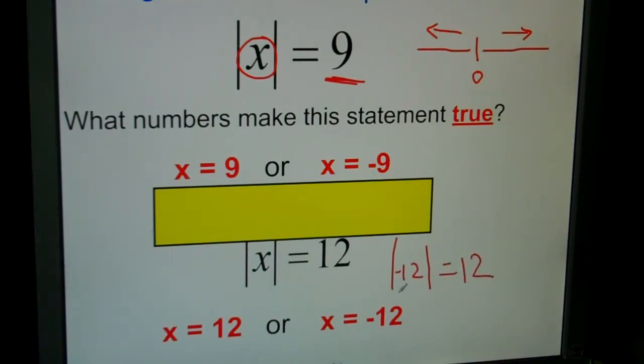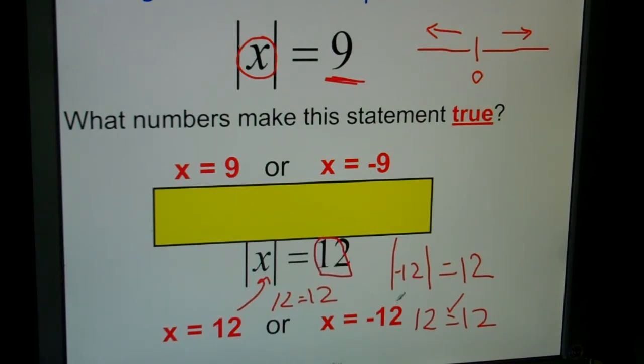Well, what's the absolute value of negative 12? It's just 12. 12 is equal to 12. Is that a true statement? Yes, it is. What about 12? What's the absolute value of 12? It's just 12. So again, 12 is equal to 12. Absolute value is a distance from 0. So we want to know what numbers can go in here to make this distance 12.